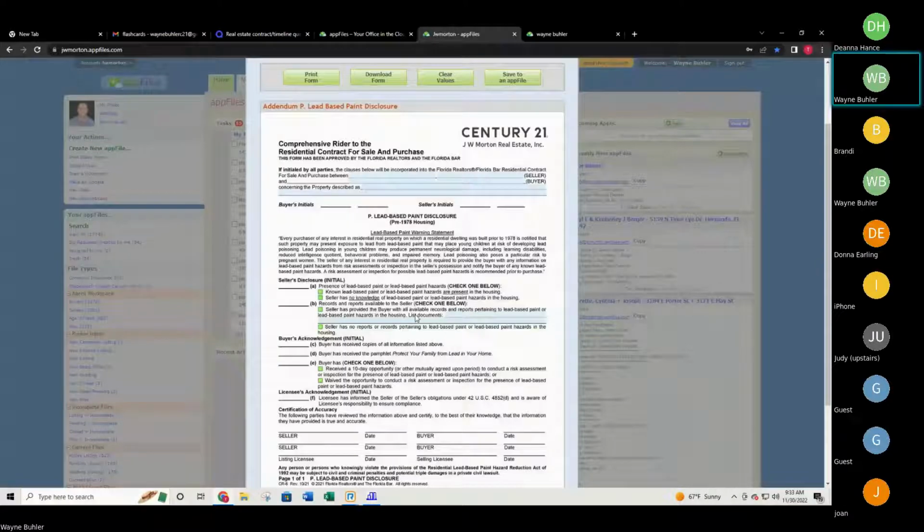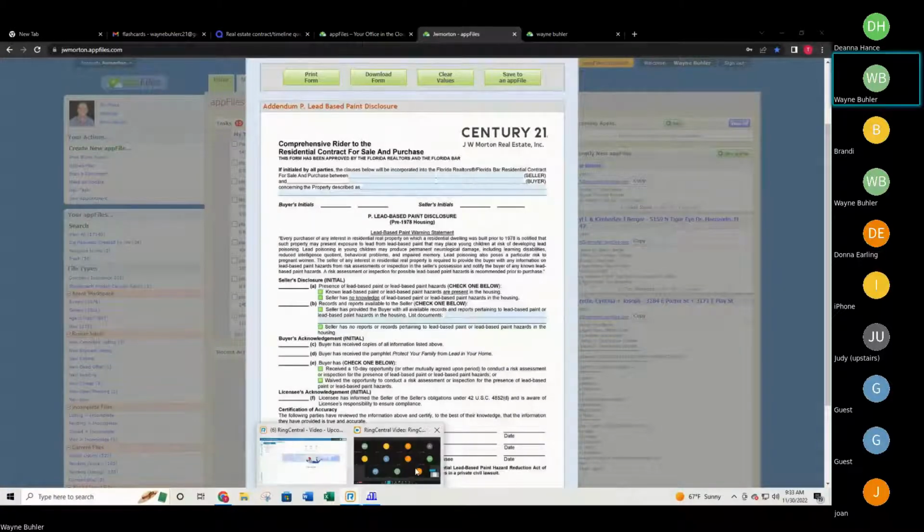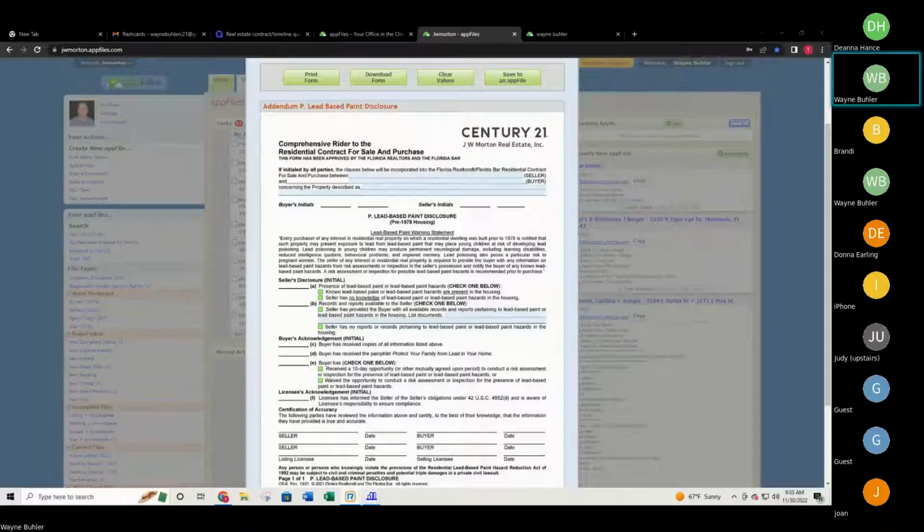Let me explain, this thing comes up again and again, and sometimes we get caught. Let's say the electric panel needs to be replaced, or whatever condition comes up in a home inspection. These are as-is contracts, so the seller really doesn't have to do anything.